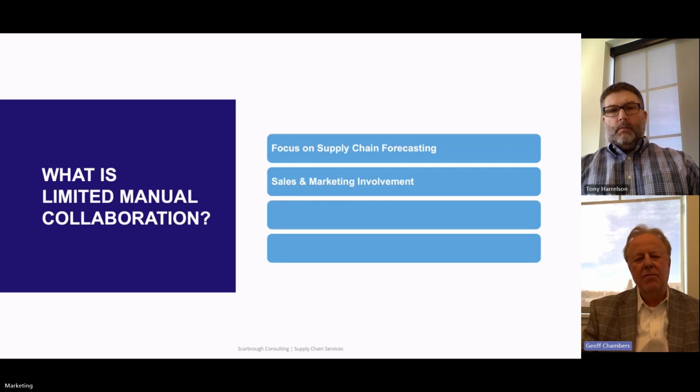Sales and marketing was involved. So in a limited manual collaboration, there can be a focus on supply chain, like there was during COVID. How can we keep our costs down? And two, sales and marketing is normally involved in limited manual collaboration to an extent.